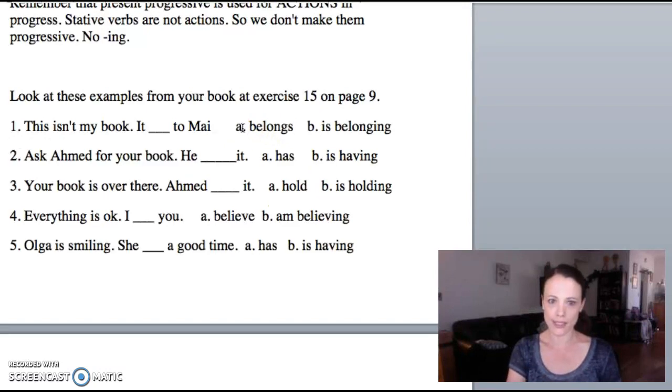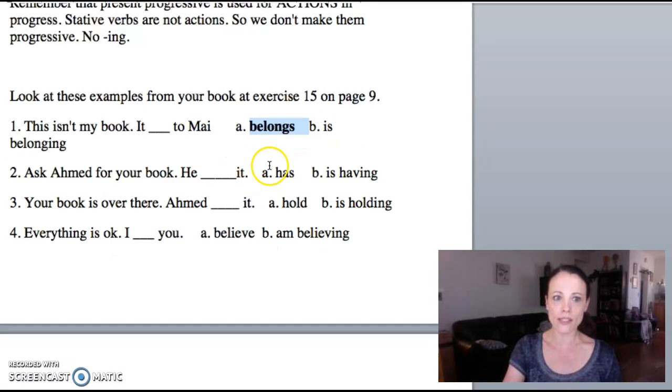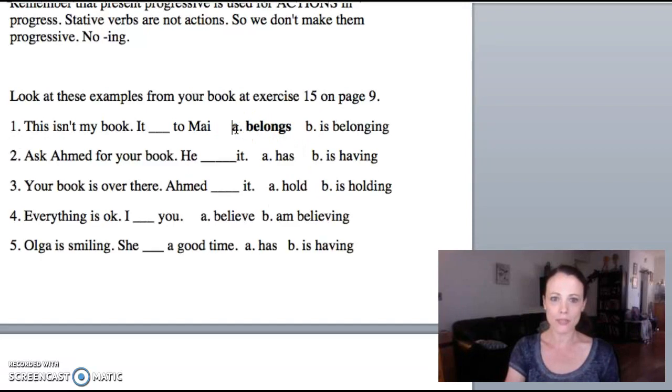Which one makes more sense? You would say it belongs, right? It belongs to my. Why is that one better? Because belong means to have, it's ownership, and so you're going to use the simple tense. You're not going to use the ing tenses.